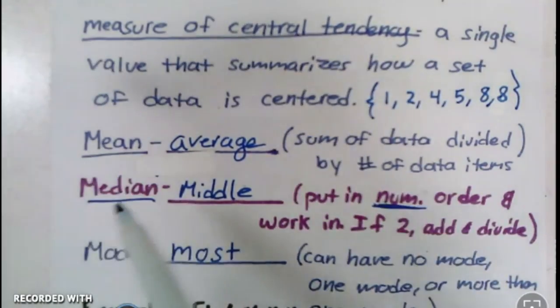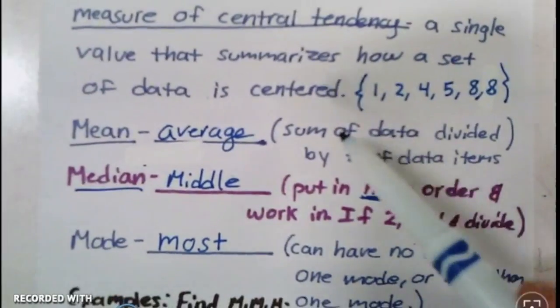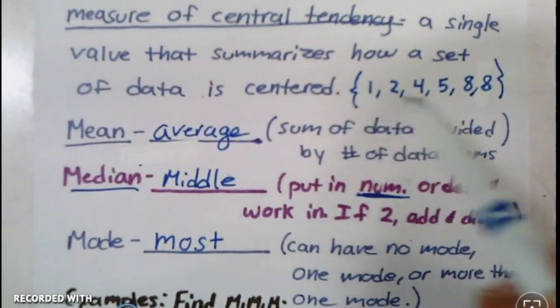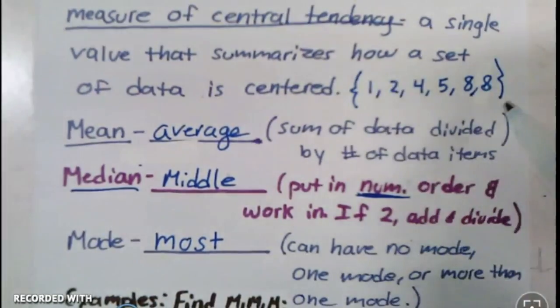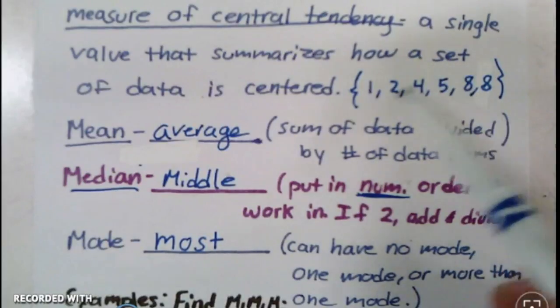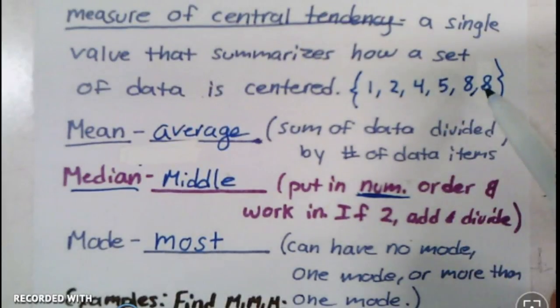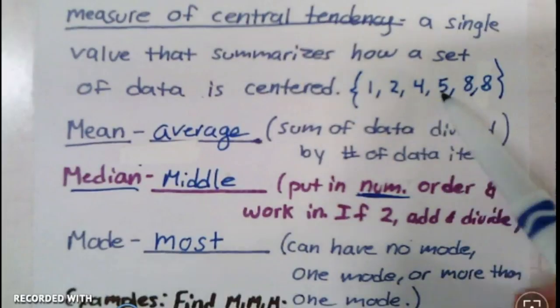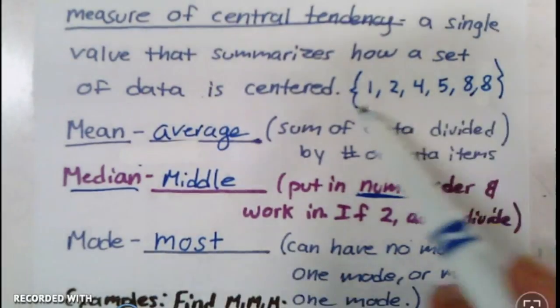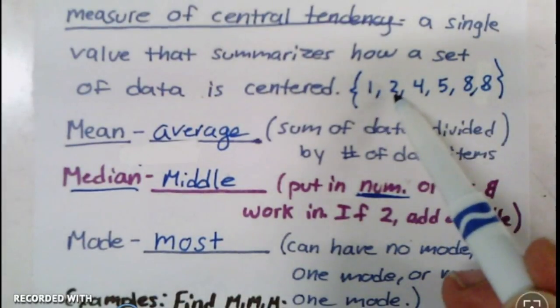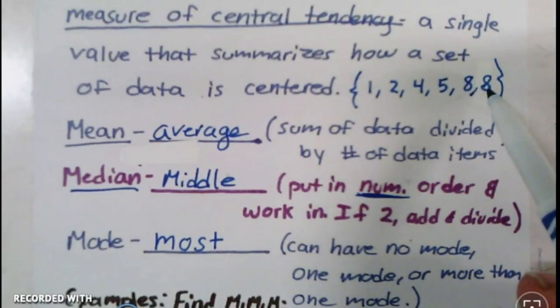Okay, so for example, if this was our data set right here and we wanted to find the mean of it, we would add all these numbers. So we've got 8 and 8 is 16, 4 and 5 is 9, plus 1 is 10, so 10 plus 16 is 26, plus 2 is 28. And then I would need to divide 28 by 1, 2, 3, 4, 5, 6.